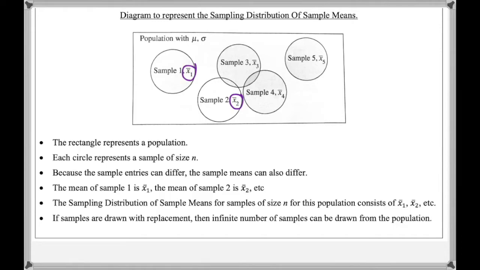So the sampling distribution of sample means for samples of size n for this population consists of x1 bar, x2 bar, etc. And if samples are drawn with replacement, which means that a person could hypothetically be in more than one sample, then an infinite number of samples can be drawn from the population.